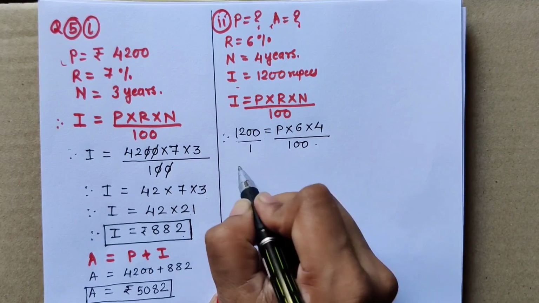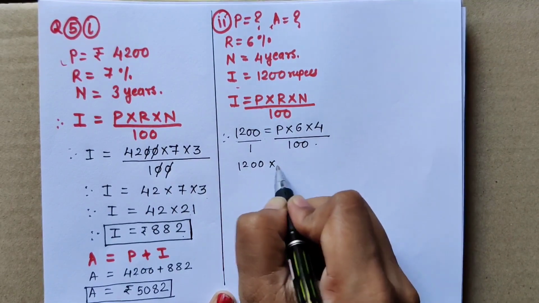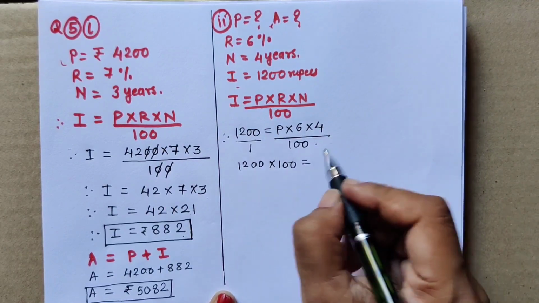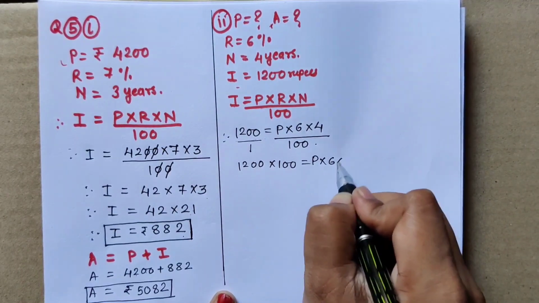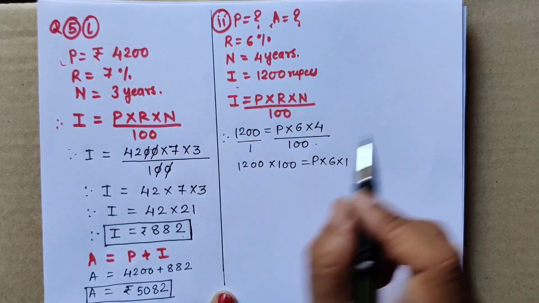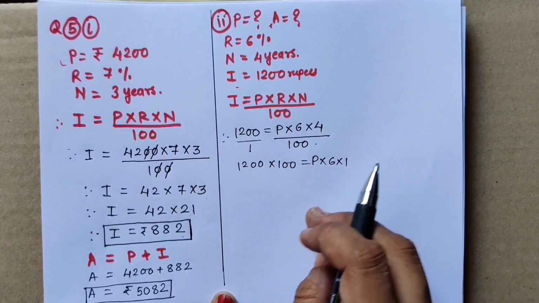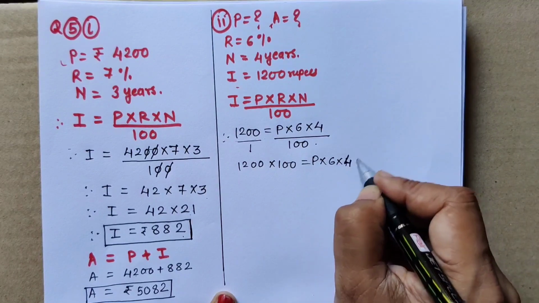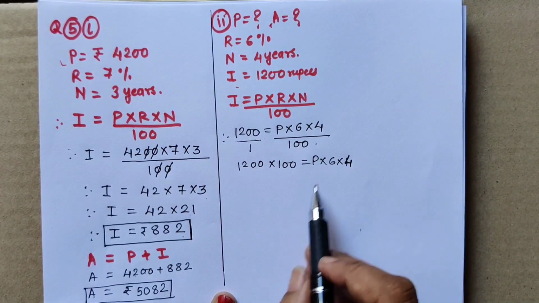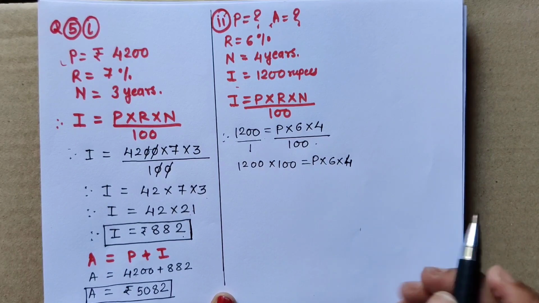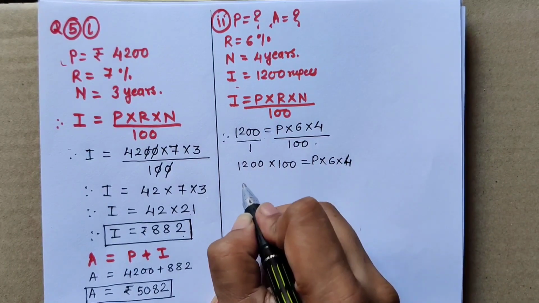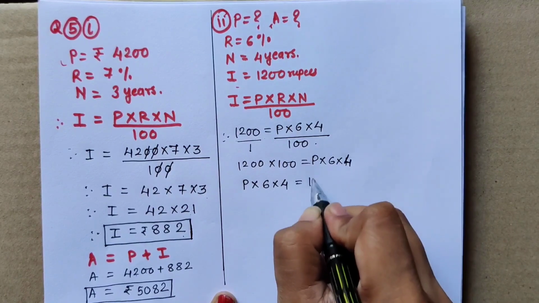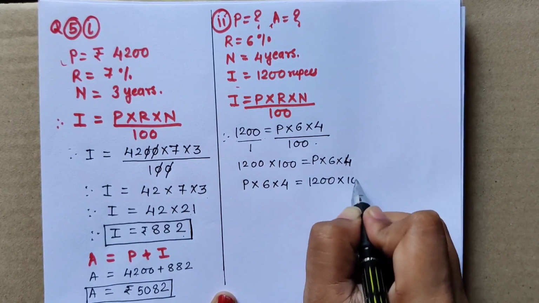So 1200 multiply by 100 is equal to P into 6 into 4 into 1. Now I will change the sides. I write P into 6 into 4 on the left hand side and 1200 into 100 on the right hand side.